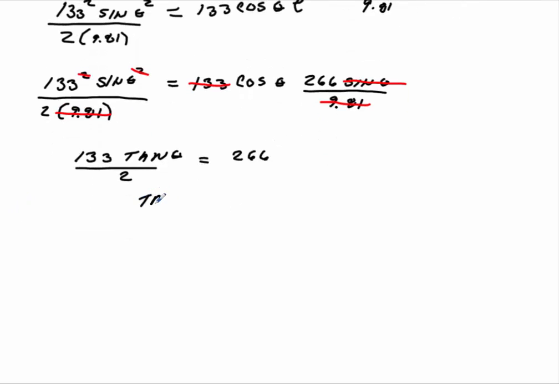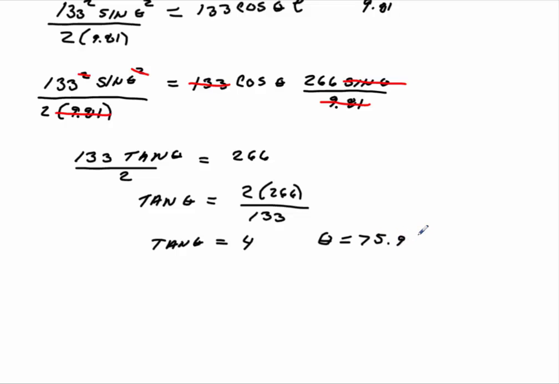That gives me the tangent of theta equal to 2 times 266 over 133, which basically gives the tangent of theta equal to 4. So we solve for theta by taking the inverse tangent. Go back to our calculator. Inverse tan of 4 gives me 75.963, 964 actually.